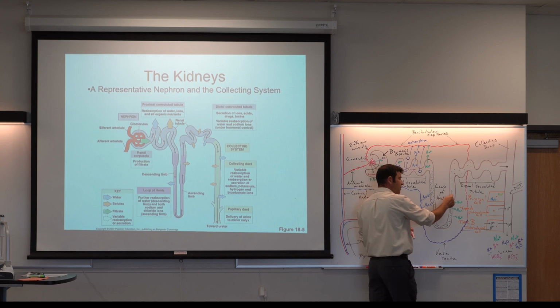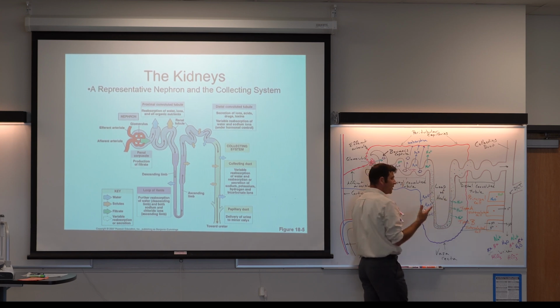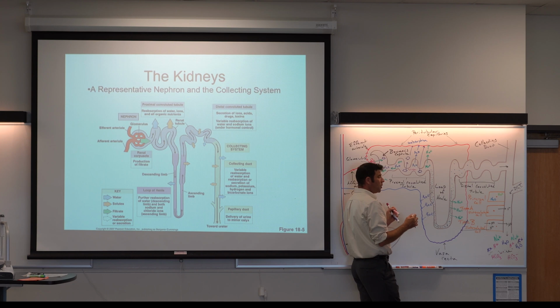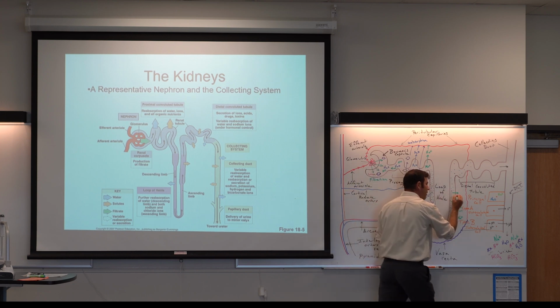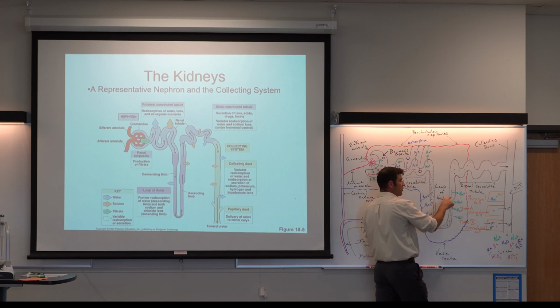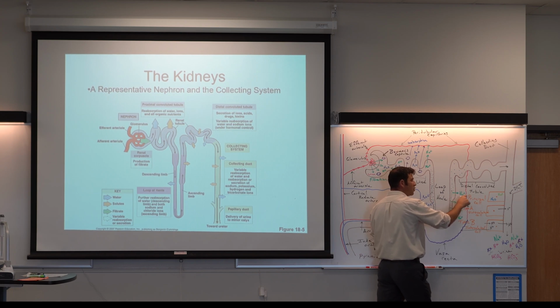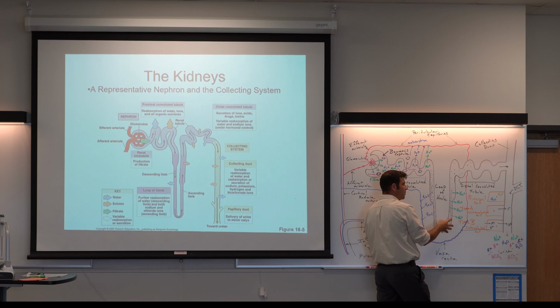However, when we get up to this thick segment, it's now a case where there is more sodium outside of the tube than there is inside the ascending limb. So if we're going to pull any more sodium out along this thick ascending limb, sodium is going to be going against its concentration gradient here. So this is going to be sodium reabsorption that's an active process. It requires ATP, where in the thin ascending limb, it was passive.